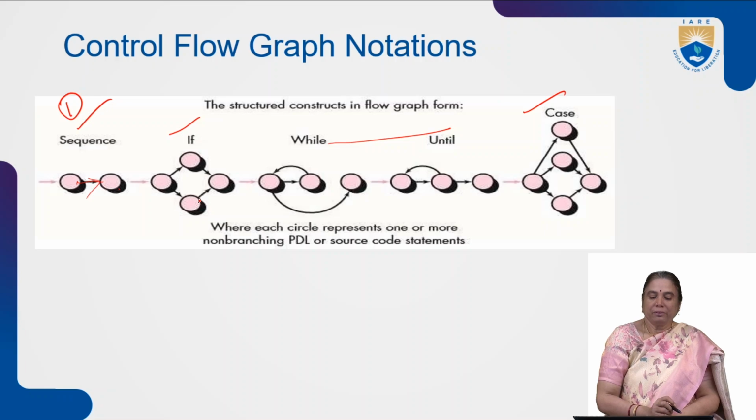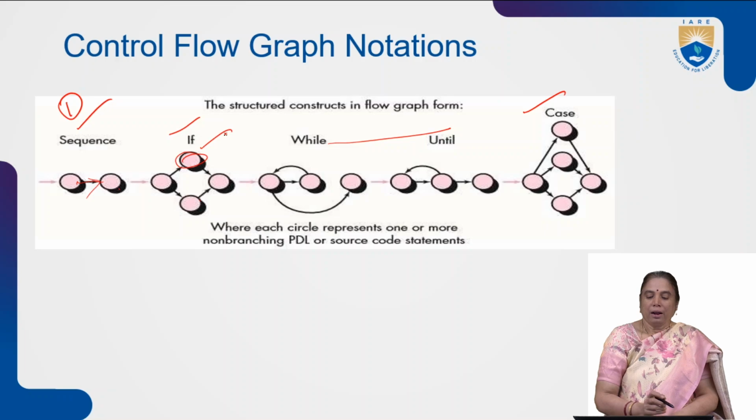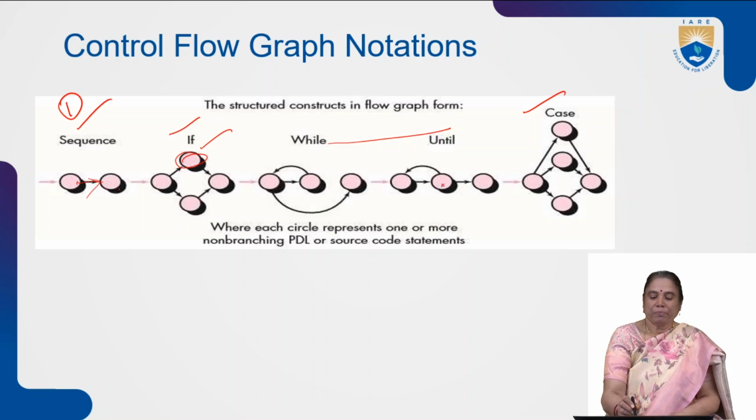Condition structure is represented by a node that has a true path and a false path, showing how actions are carried out after the condition is evaluated. The looping structures can be represented like this, where based on the condition checking, the repetition of the statements is carried out.